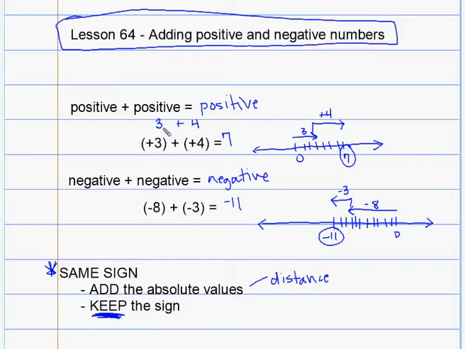We took the absolute value, the distance, and added them together, and since it was positive, it's still positive. Let's look at the negative. The absolute value of negative 8 is 8, plus the absolute value of negative 3 is 3. 8 plus 3 is 11, but we keep the negative sign, so our answer is negative 11.